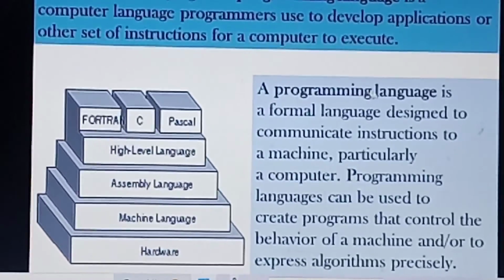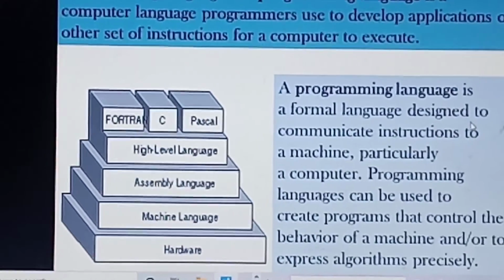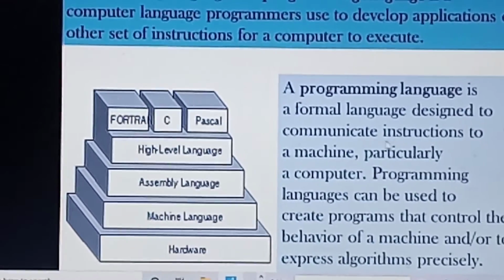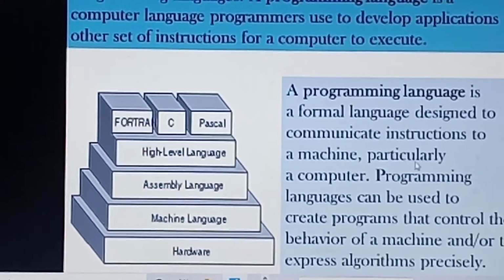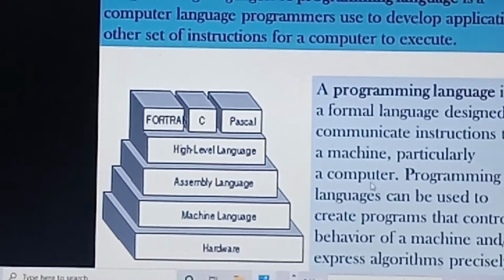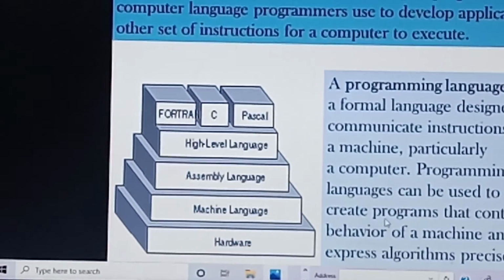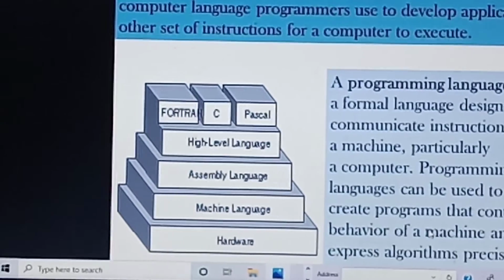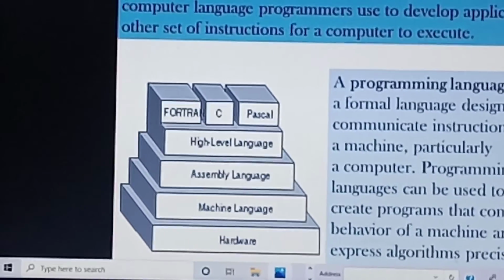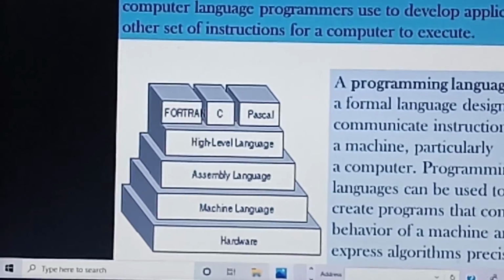A programming language is a formal language designed to communicate instruction to a machine, particularly a computer. Programming language can be used to create programs that control the behavior of machine and or to express algorithm precisely.